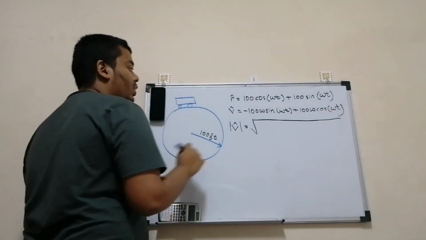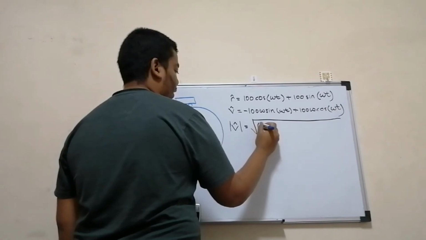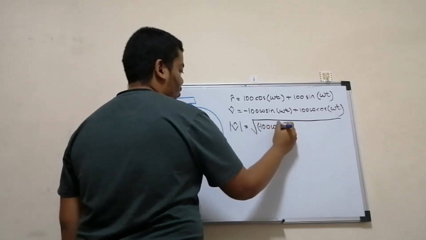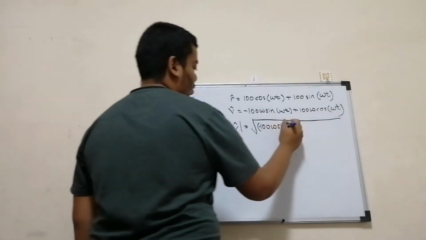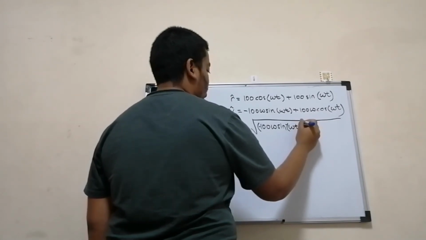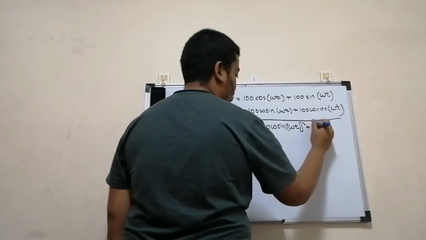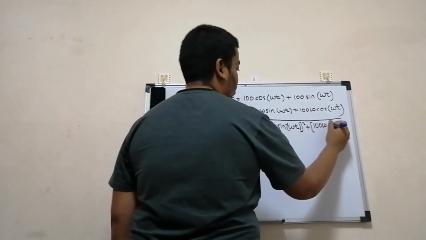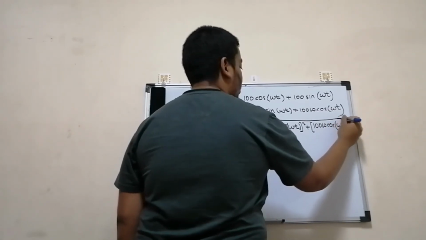As we take the square root, it will be negative 100 omega sine omega t, squared, plus 100 omega cos omega t.